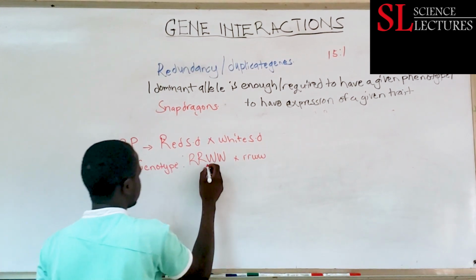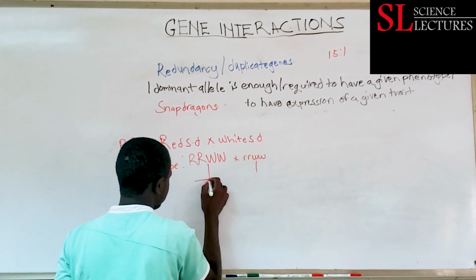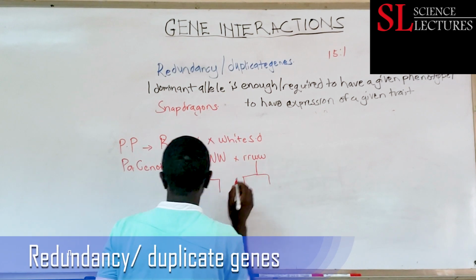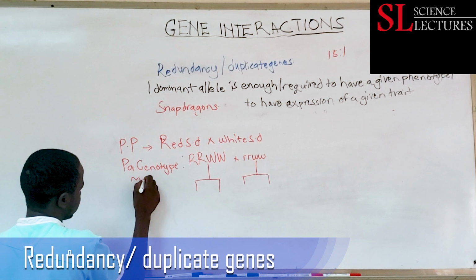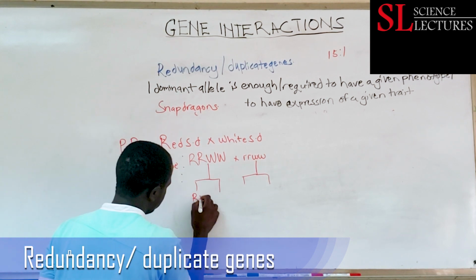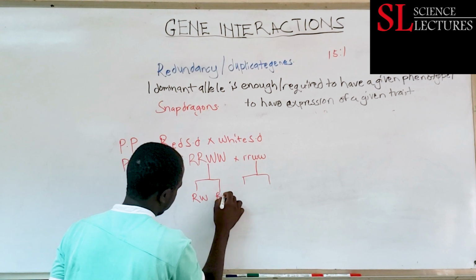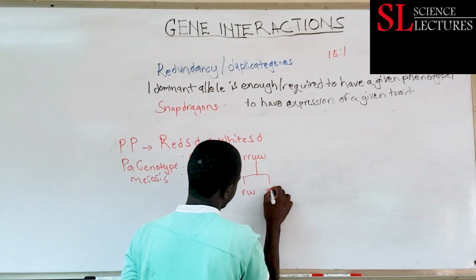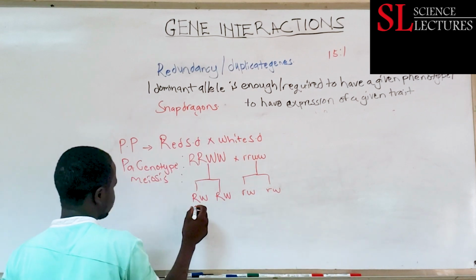This one will undergo meiosis and yield four different genetic combinations, but since they are all the same, I'm going to use only two: capital R, capital W, and small r, small w.